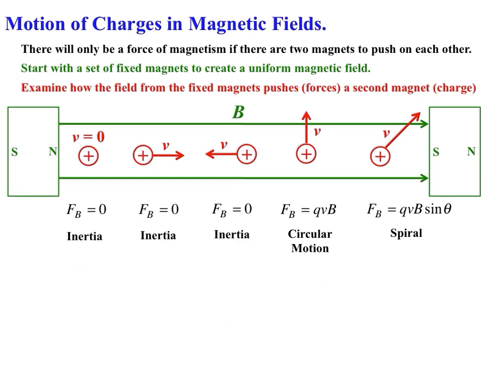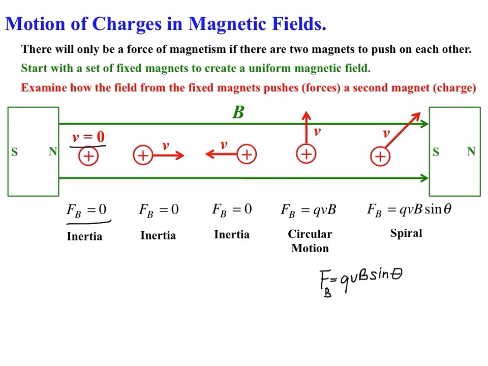So if we look at the previous equation, that means that we have different situations where we can actually not have a force at all, even if we have a charge moving. So I'm going to write the equation down here. In the first example, we don't have an object that's moving, so we have no magnetic force acting on it.